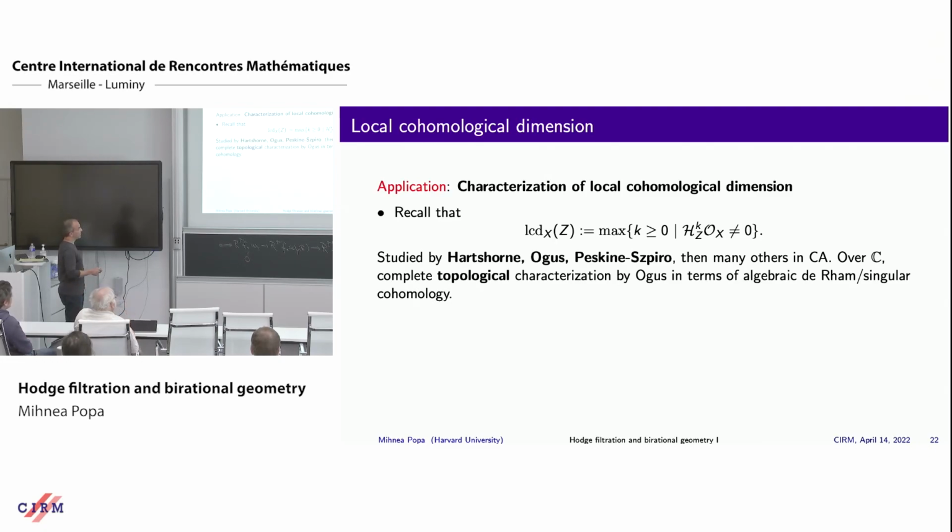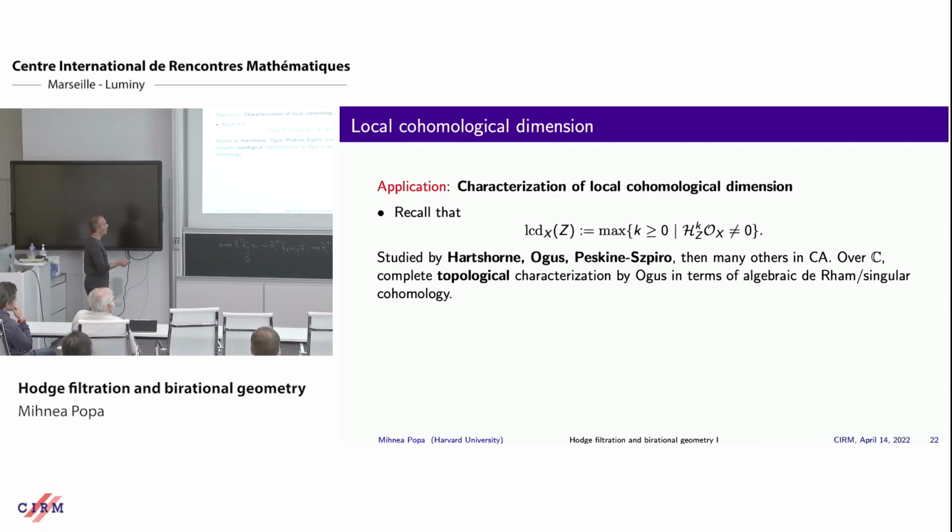Over the complex numbers, the most complete result is due to Ogus from back then, and he gave a topological characterization of local cohomological dimension. So it's a statement that describes LCD in terms of the vanishing of a collection of singular cohomology groups, or more generally, algebraic de Rham cohomology groups.